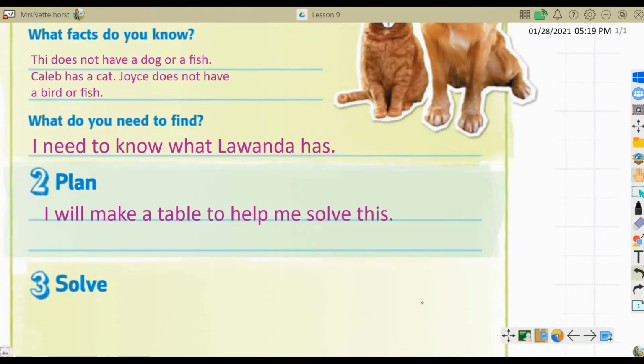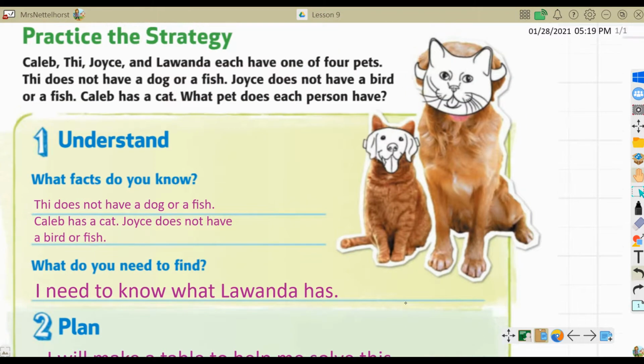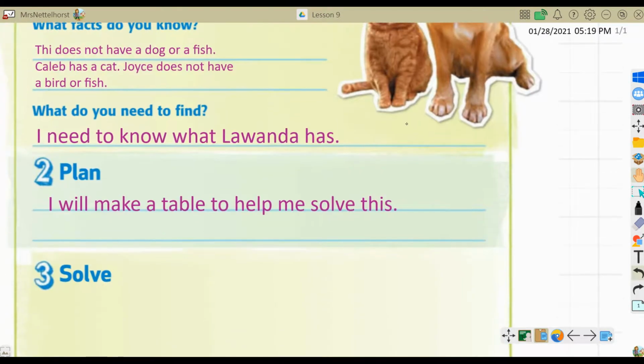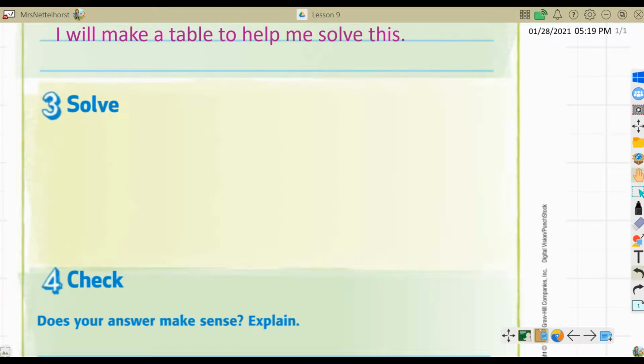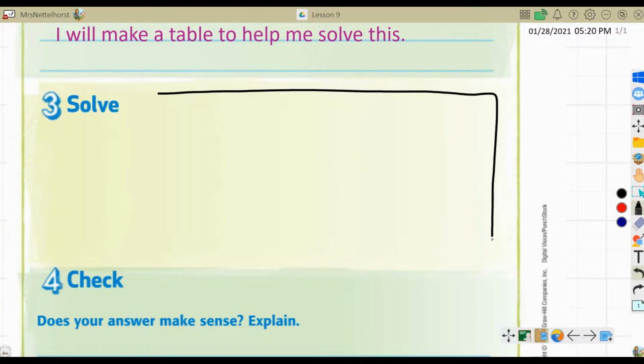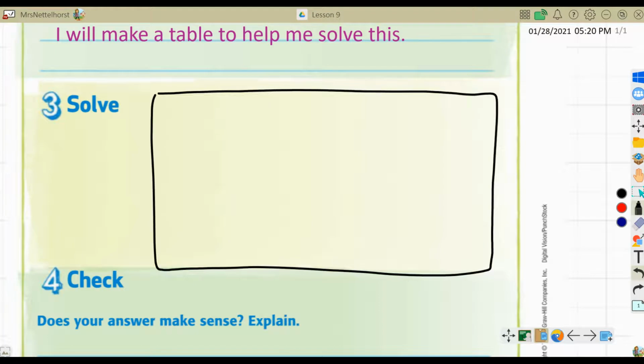So I've got 4 pets and 4 people. So I'm going to draw a 4x4 table, except I also need a place for my labels. So I'm going to make it a 5x5. I'm going to add 1 extra row and 1 extra column so I have a place to put my pets and my humans. Okay, so I'm going to make a giant rectangle. I'm going to make a column for my humans.